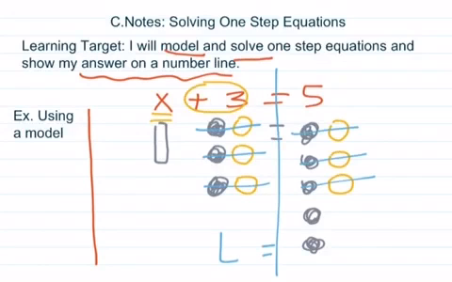Well, we have 1 rectangle. And then on the right side, we have 2 closed circles. So our answer, x equals 2. So that's how we solve using a model. In this case, we used for our x, our rectangles, and then for our positives, our closed circles, and for our negatives, our open circles.